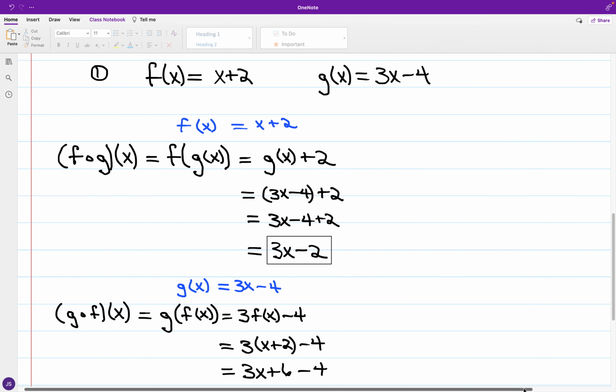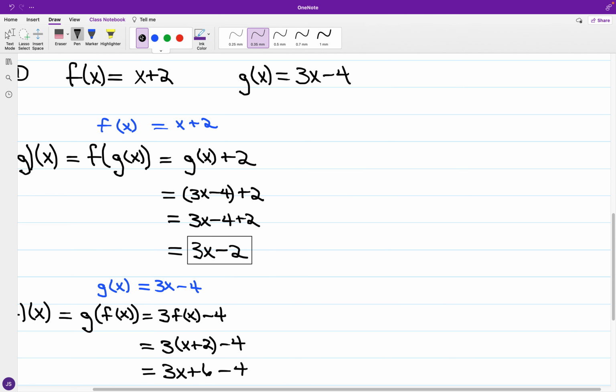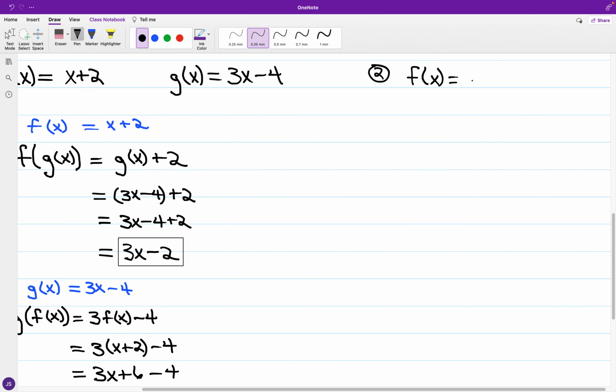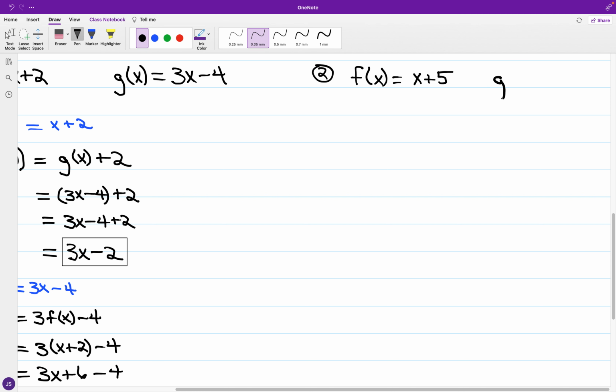And let's say we have f of x. This time we'll say f of x is equal to x plus 5, and we'll have g of x be a quadratic function.